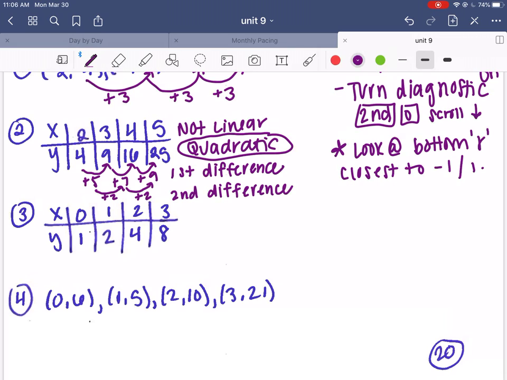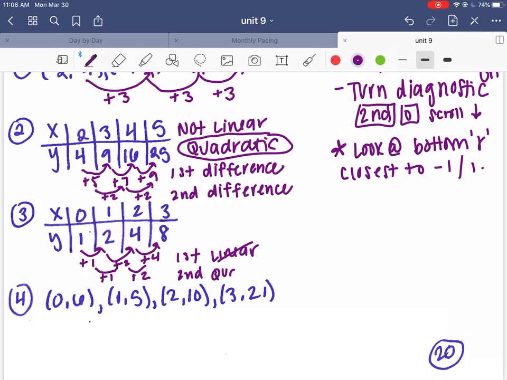Number 3, again, you could try it in the calculator, but we're looking without right now. From 1 to 2, I add 1. 2 to 4, I add 2. 4 to 8, I add 4. So that's not a constant difference, so it's not linear. I'm looking at the second difference. This is still going up 1. This is going up 2.